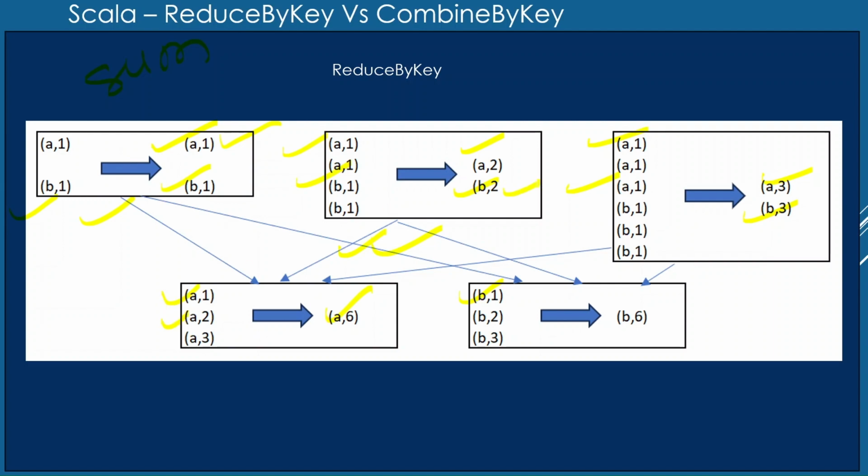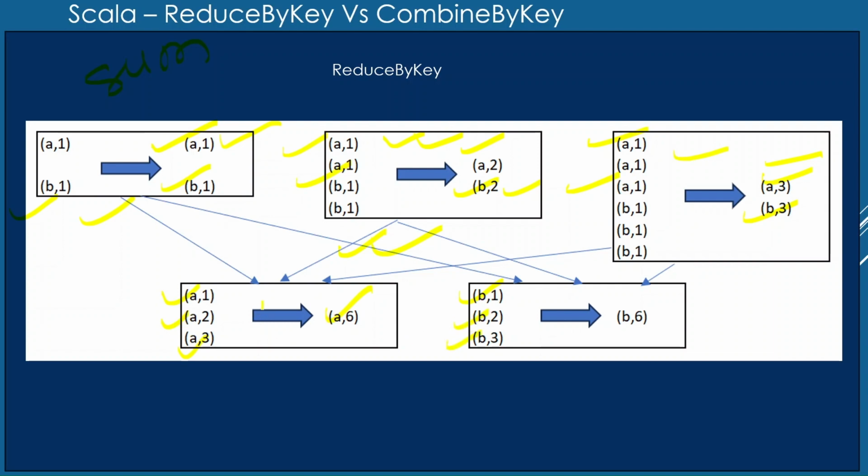This is the result of the data which gets output once the aggregation function is applied on this partition. This A3 comes from this partition. This is the result of the aggregated function which has been applied over this partition. Same for B, like this one and this one.